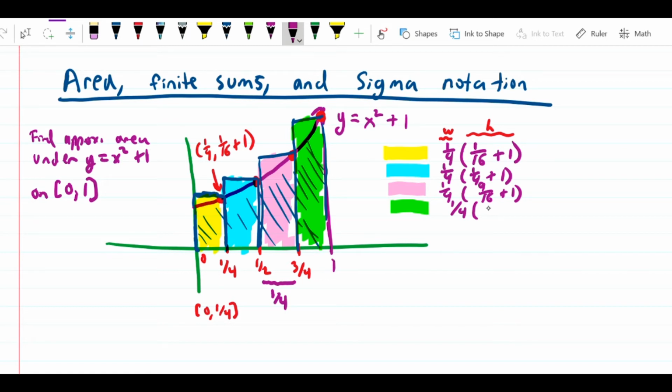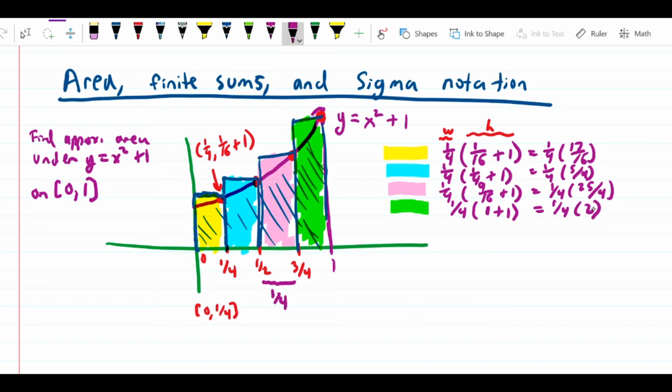We square that and we get 1 plus 1. So this is going to be 1/4, 17/16, 1/4, 5/4, 1/4, 25/4, and 1/4, 2.